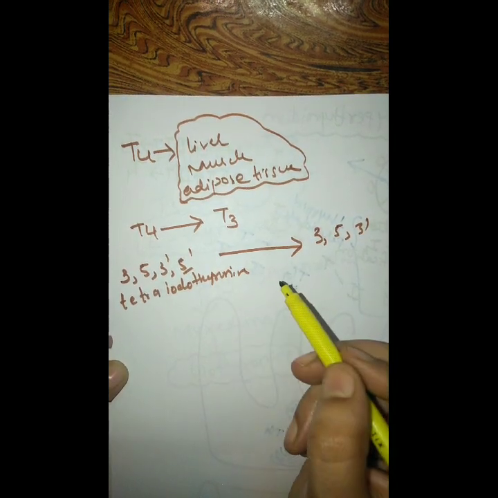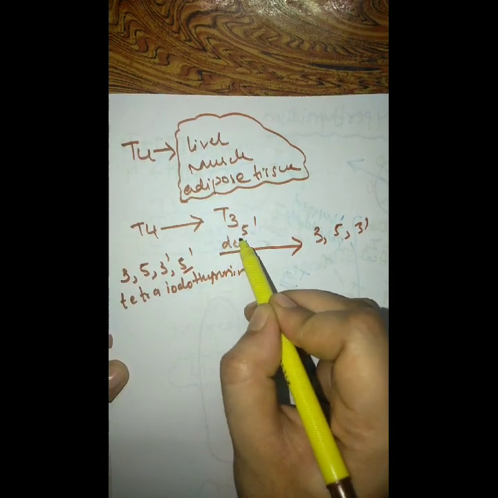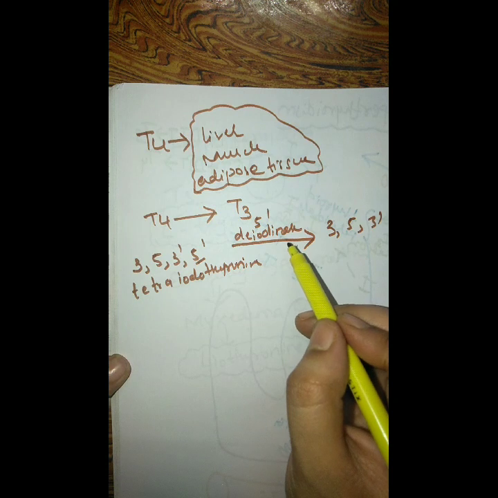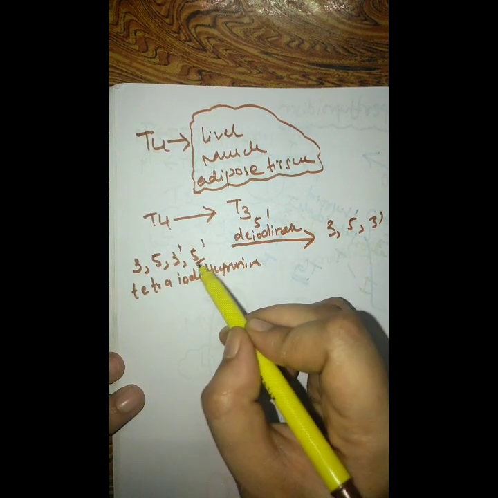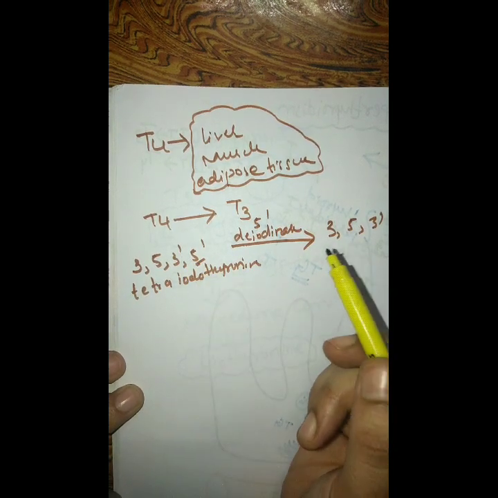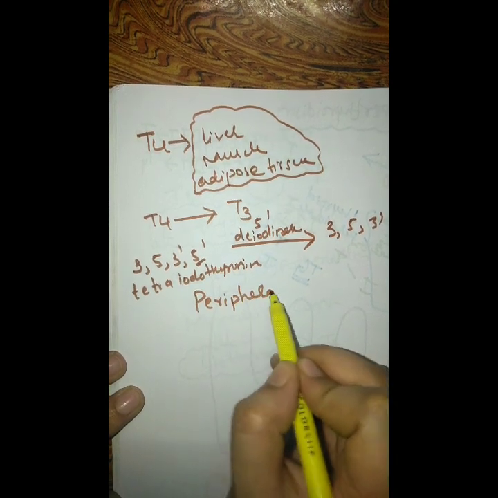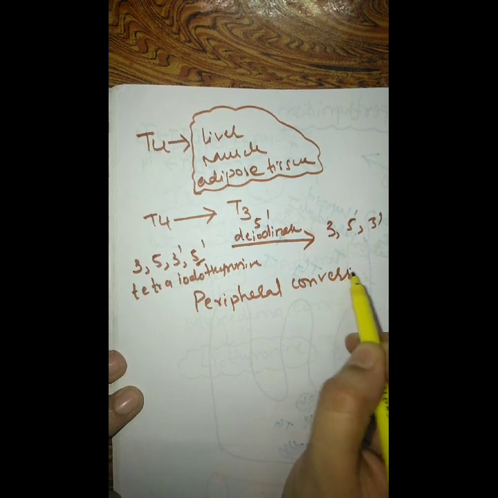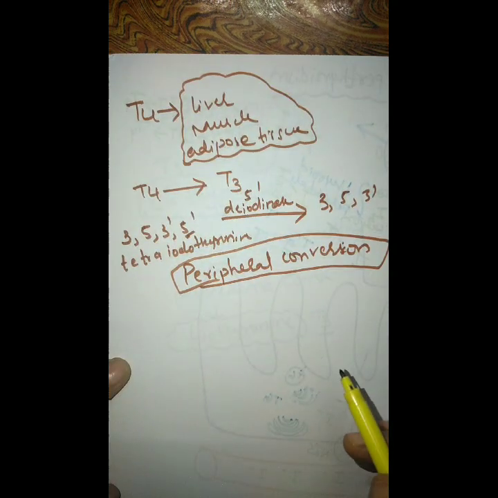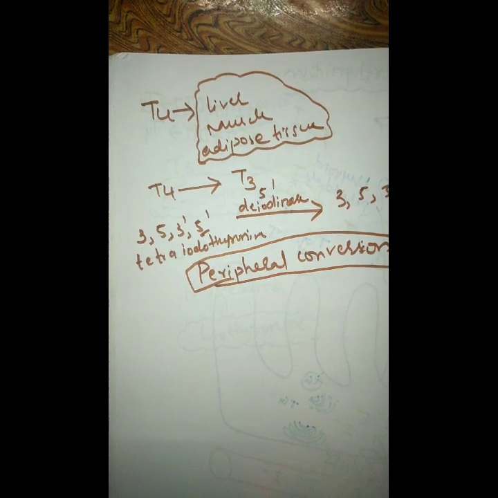The enzyme that does this is 5 prime deiodinase. 5 prime deiodinase is the enzyme which removes the 5 prime iodine and leads to the synthesis of T3, or you can say T4 is converted into T3. This step is known as peripheral conversion. Peripheral conversion means in the periphery T4 is converted into T3.